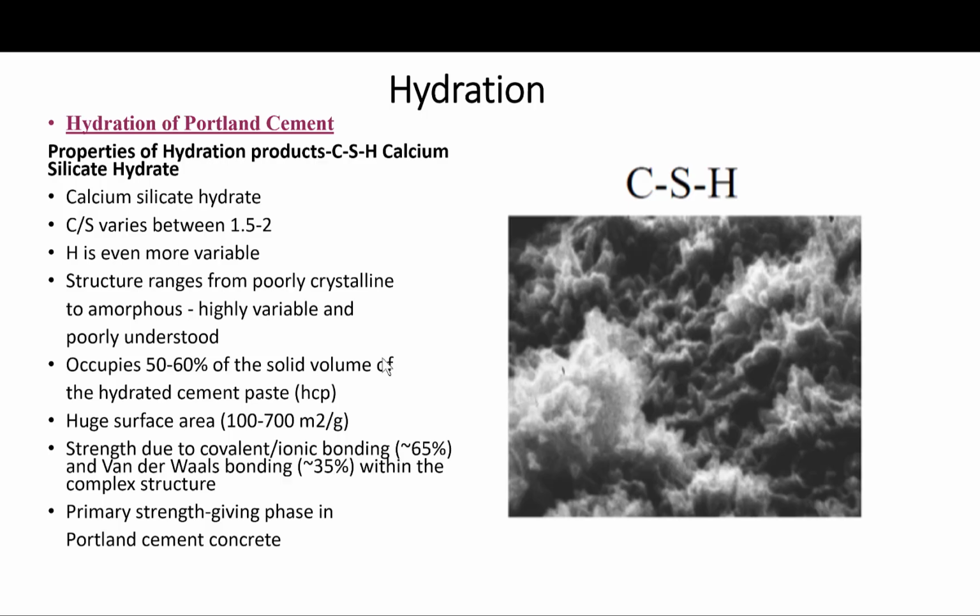According to Powers' model, the material has a layer structure with a very high surface area. Depending on the measurement technique, surface areas on the order of 100 to 700 square meters per gram were reported.